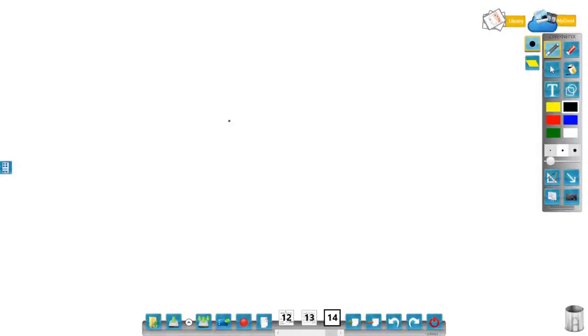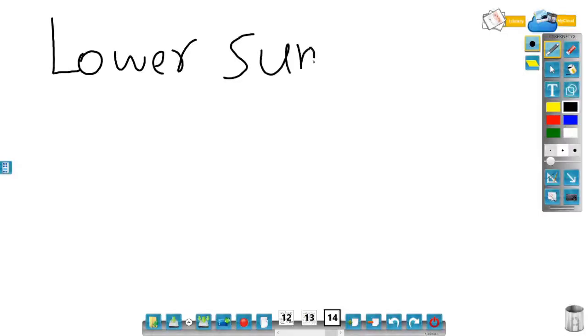Now we will define the lower sum. Right. So I hope you have understood what is upper sum. On similar lines, we will define the lower sum.